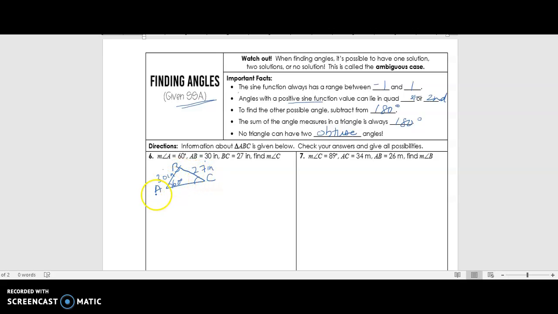So we'll use our law of sines here. So sine 60 over the opposite measure, which is 27, equals sine C, because we know the opposite side, which is 30 inches. Sine C, we need to find C over 30. Okay, so now we'll cross multiply. This is a simple cross multiplication. We just need sine C equals 30 sine 60 degrees over 27.